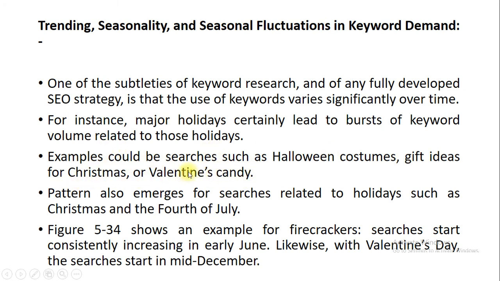So these are all examples of seasonal fluctuations, right? Searches like gift ideas for Christmas are generally performed in the month of December, at the beginning or the end of December. Similarly, Valentine's Day candy would be searched in the month of February.